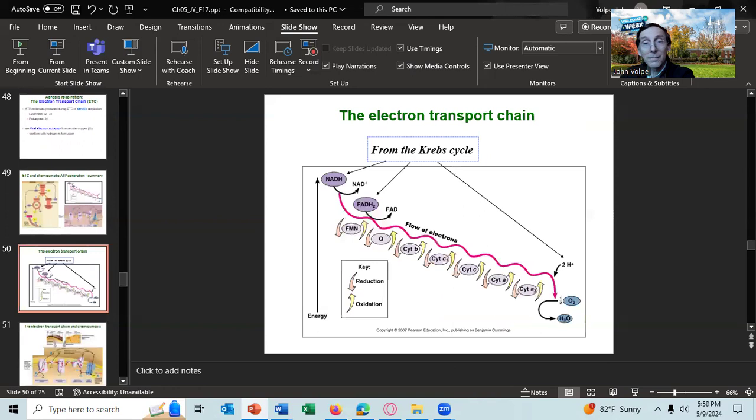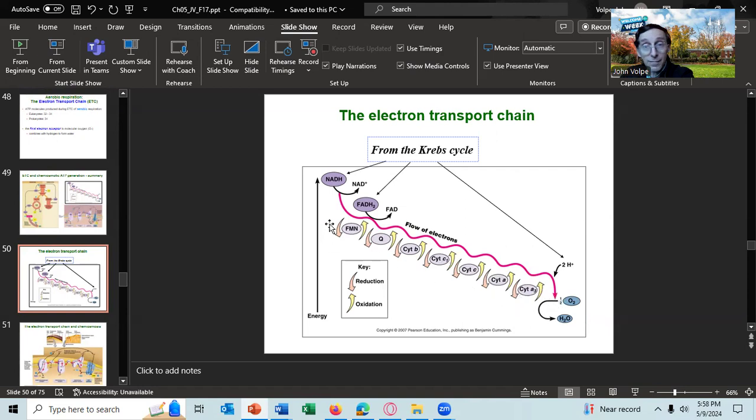Here I'm showing you the electron transport chain where NADH gives up its electron to the first protein in the membrane of the electron transport chain. The electron then flows to the next protein, the next, and then it leaves the electron transport chain, and the electron flows to oxygen, which will be converted into water.